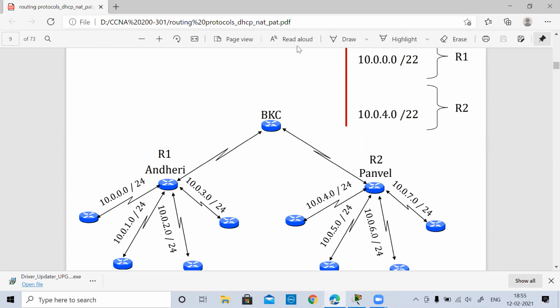Until and unless one of these links goes off, this particular r1 is not going to send its information to this BKC router. If this link fails, no update will be sent. This link failed, no updates will be sent, because the link may go up and down; updates are sent only when all the links are down or the router itself is down.